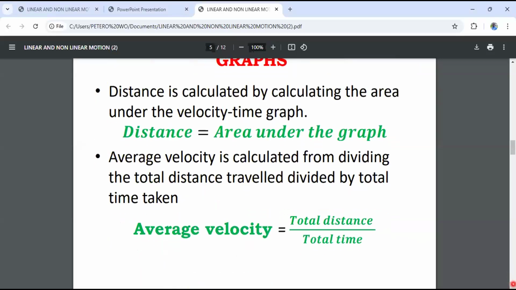So average velocity is total distance divided by total time. So you put down those formulas and definitions, and then we look at our examples.